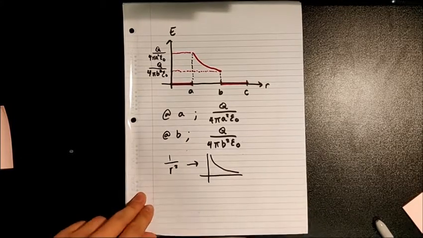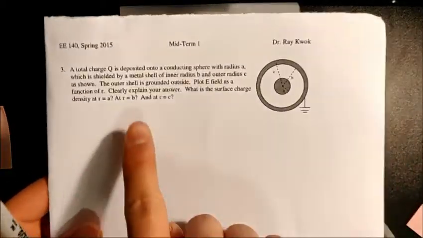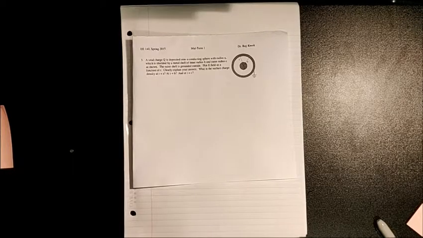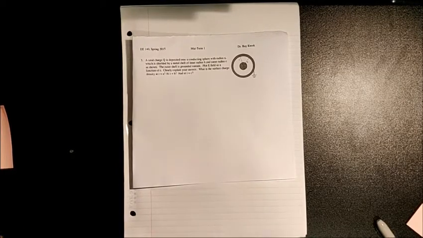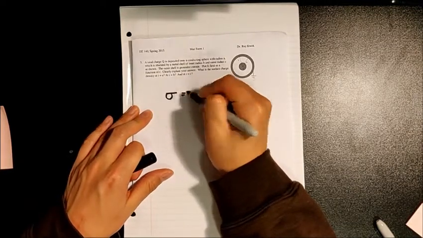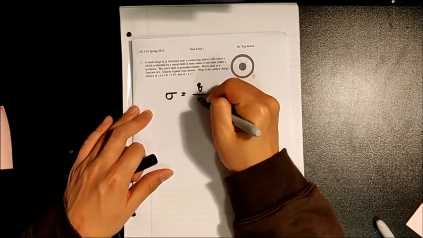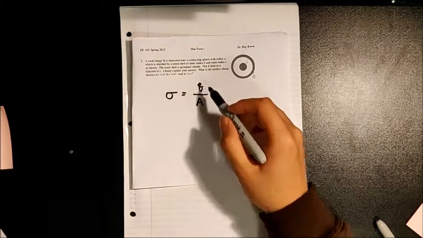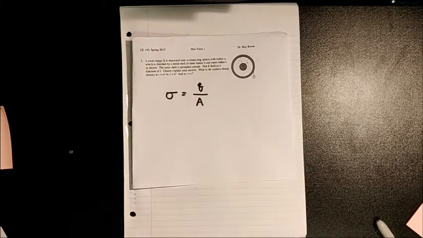So now moving on to the third question, which is just asking for the surface charge density at R equal to A, R equal to B, and R equal to C. I will just do it on this piece of paper. The equation, if you don't remember, is simply the surface charge density is equal to Q over A. The Q is the charge and A is the surface area.